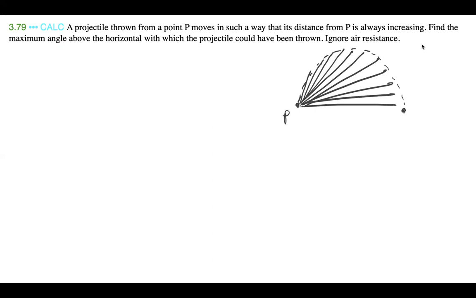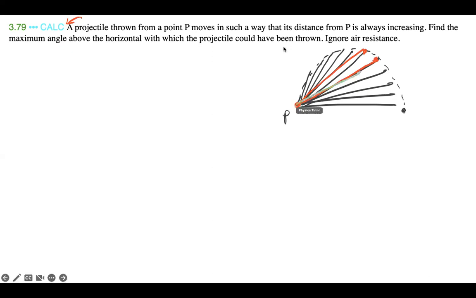And we can see this in the beginning of the question, but it says that it's a calculus question. And in calculus, we know that if we want to get the distance from any point to P, or P to any point, we can use the Pythagorean theorem for that.